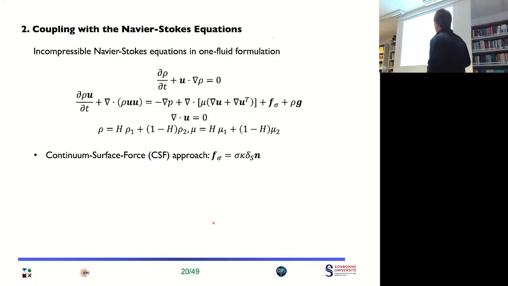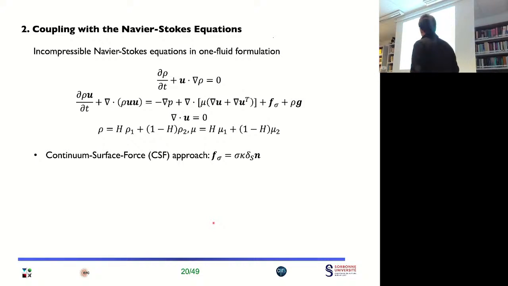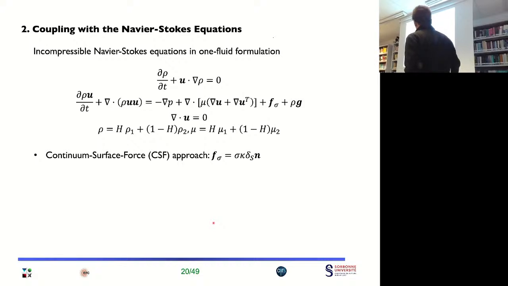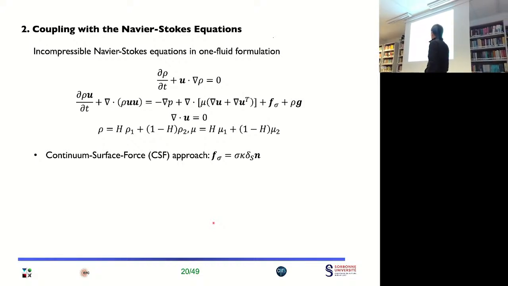In the EBIT method, the interface advection scheme is coupled with the Navier-Stokes equations in a simple way. Here we consider the incompressible Navier-Stokes equation in one fluid formulation, and the surface tension term is computed using the continuum surface force approach.